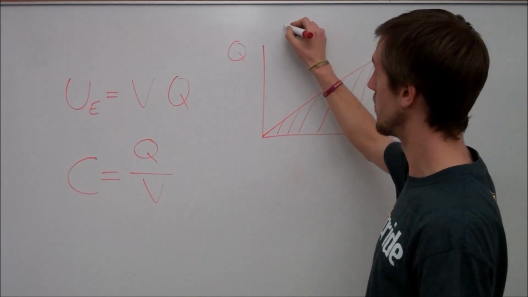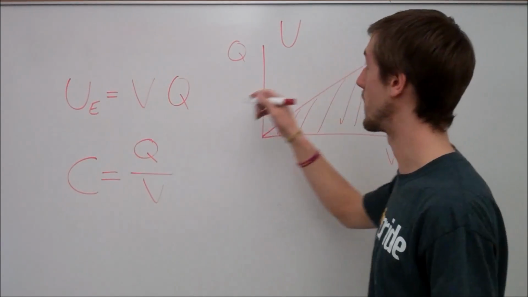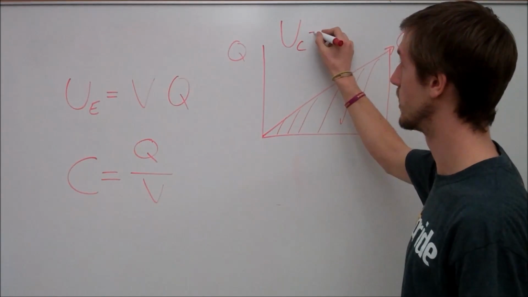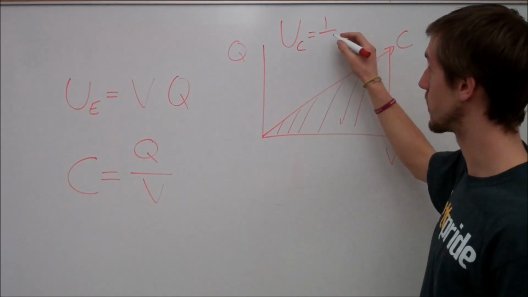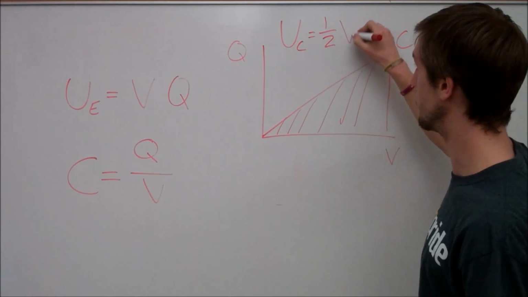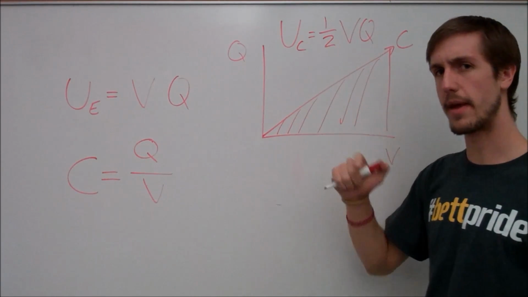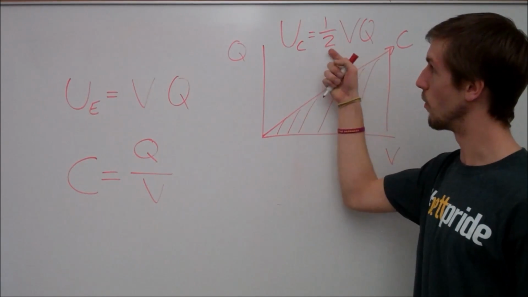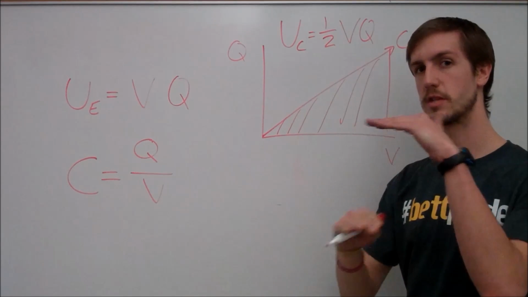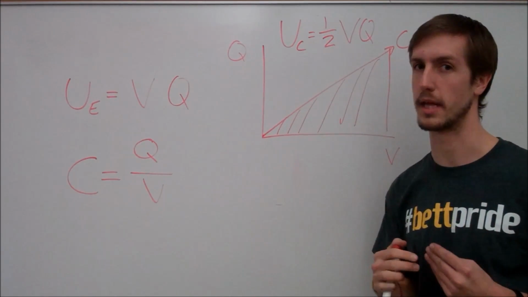So, this was potential energy in an electric field. My potential energy of a capacitor is equal to 1/2 base times height. So I should have 1/2 voltage times charge. The amount of energy stored in a capacitor is 1/2 the voltage difference between my plates, multiplied by the amount of charge that I have built up on each plate.